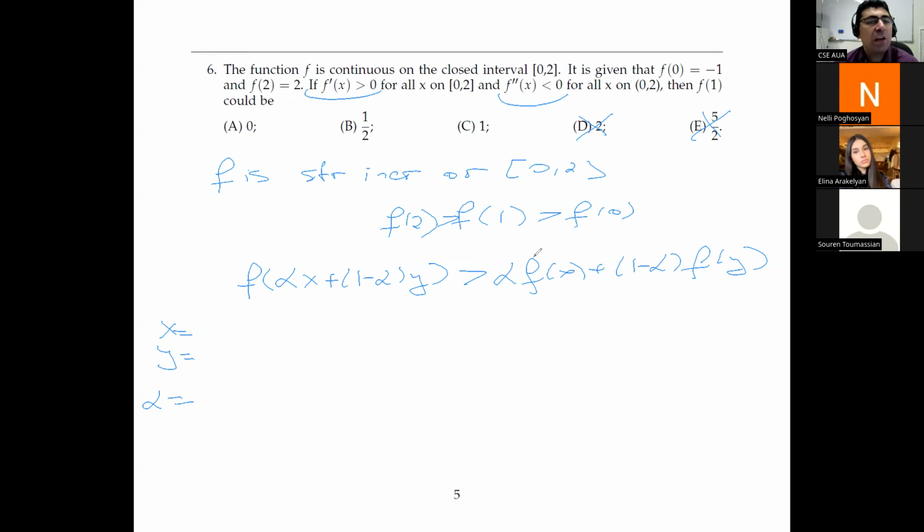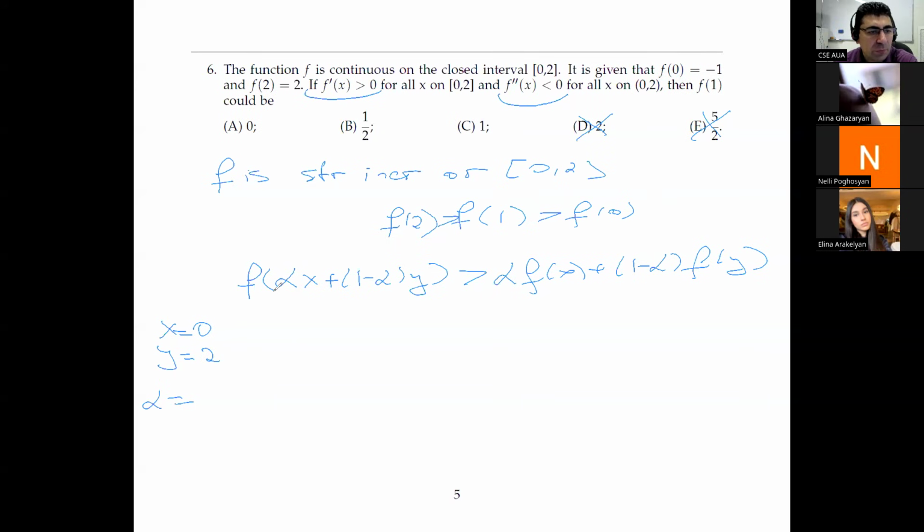Now, we have something about f of x and f of y, and we have to choose x, y in a way to get something that we know. In particular, we know that f(0) is -1, and we know f(2) is 2. So let's choose x is 0, y is 2.